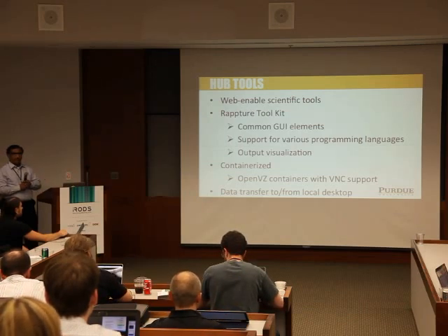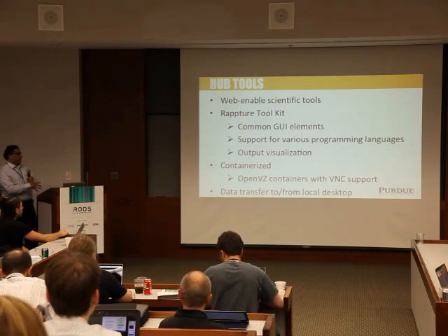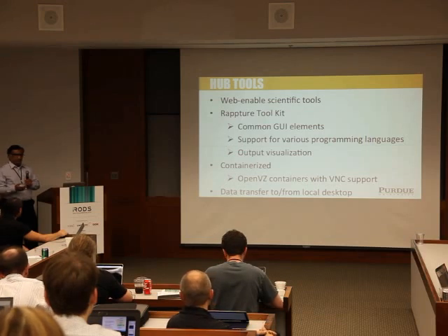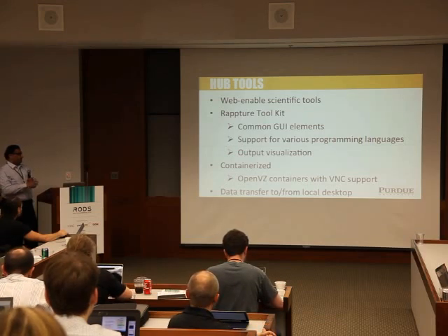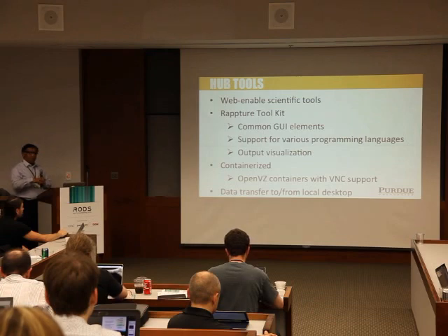So if you have some piece of scientific code that doesn't really have a GUI attached to it, then you can come into the hub, you can have your actual code there, but it requires a sandbox environment where you can add input elements like drop-down lists or choices and so on, and it has a couple of output elements as well. So you can have visualizations, things for displaying videos, graphing programs, and so on. You can plug your scientific code into this framework and then just add this GUI around it.